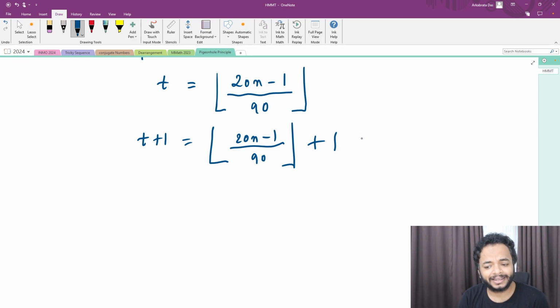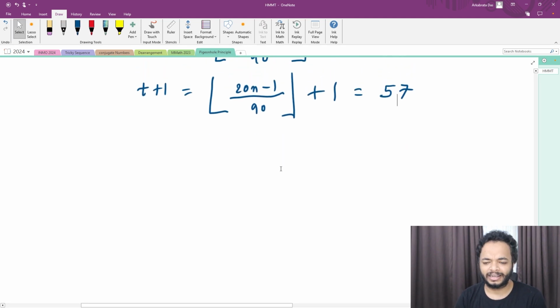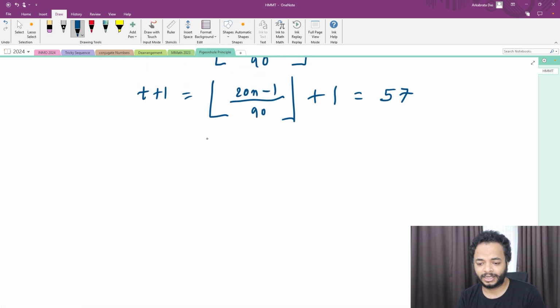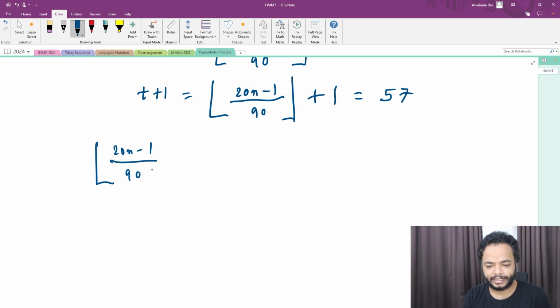According to my criteria, this should be greater than or equal to 57, or you can equate it to 57, because we have to go for the least case, so let's equate it to 57. I won't take much time, you can easily solve it. So we have floor of (20n minus 1) divided by 90 should be greater than or equal to, if I take that 1 to the other side, 56.